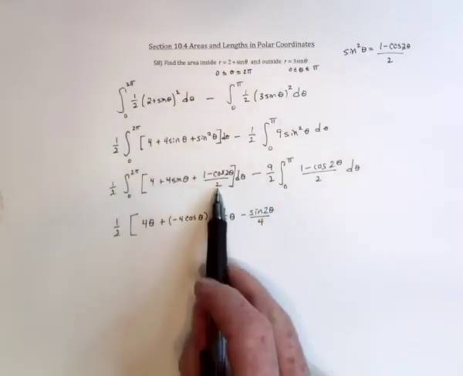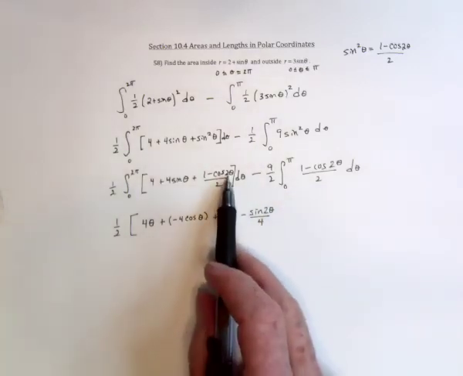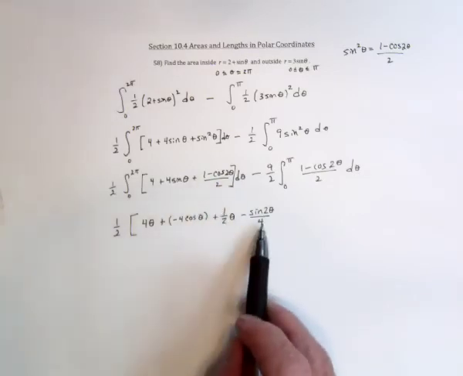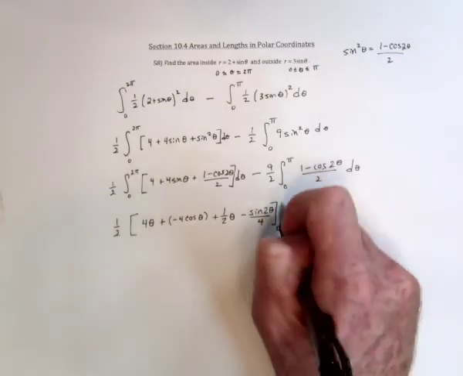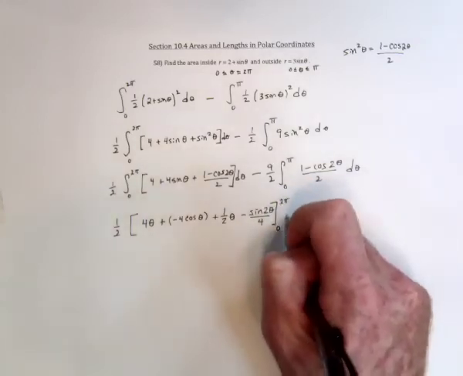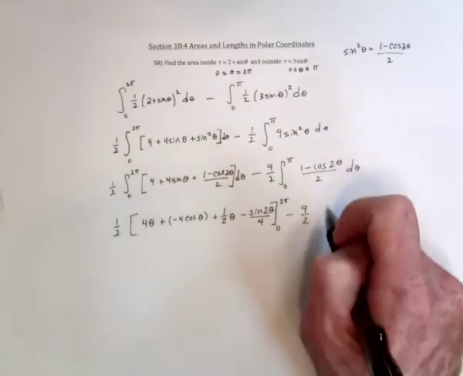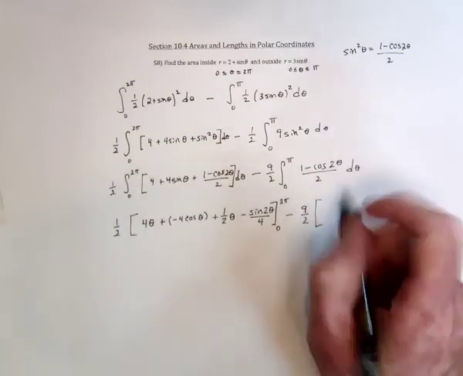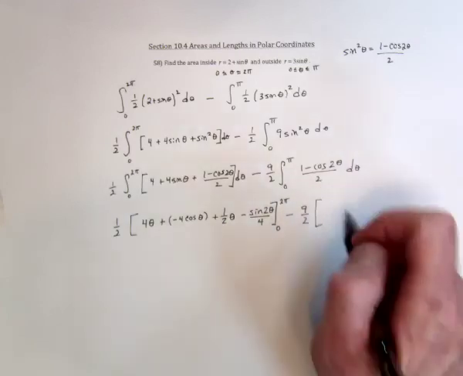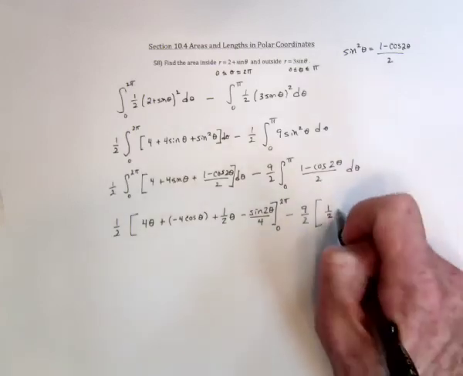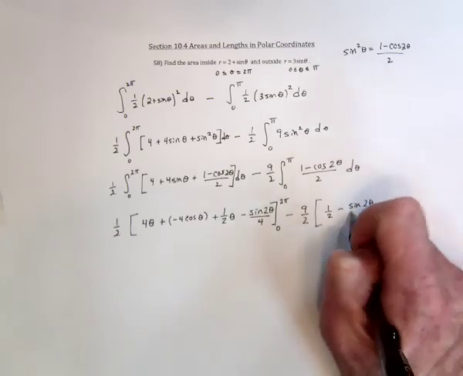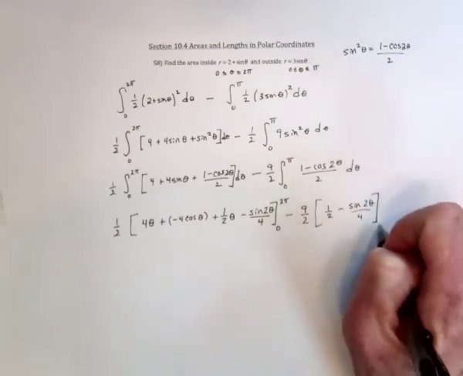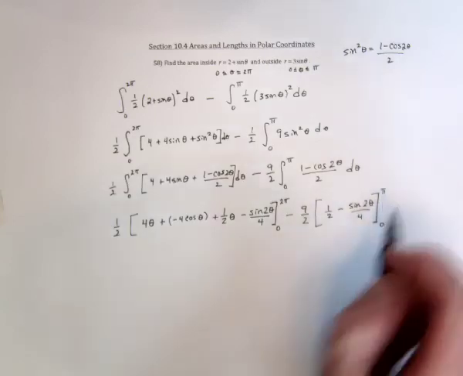It's already over 2, so you need to do the chain rule, take the derivative of this, and divide by that 2, which creates a 4 here. Then evaluate that from 0 to 2 pi. Minus 9/2 times 1/2 theta minus sine of 2 theta over 4, evaluated from 0 to pi.